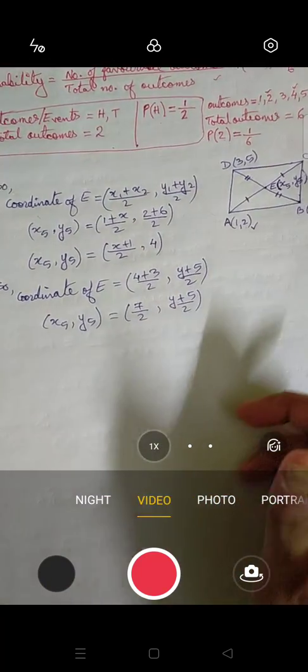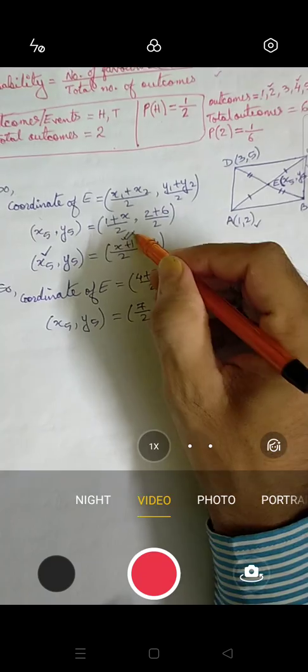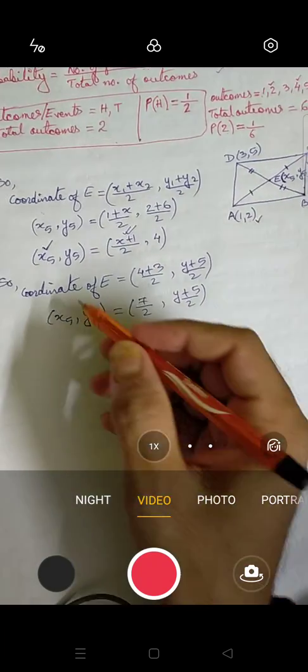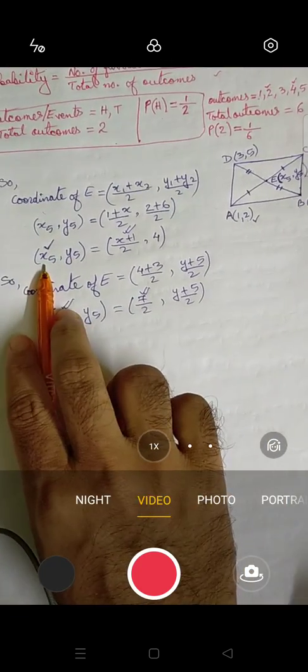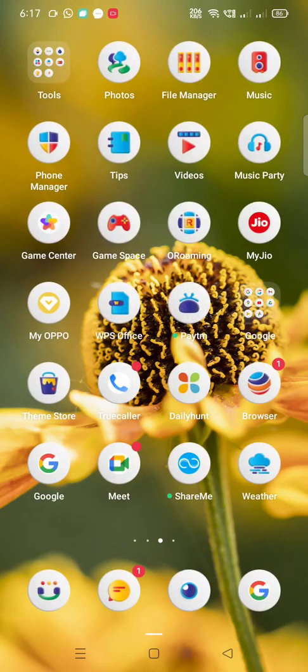Okay. Now you already know that the value of x5 is this first one, and you also know that the value of x5 is also this one. Are you getting my point? This is x5 and the value of x5 is this, and this is x5 and the value of x5 is this also.